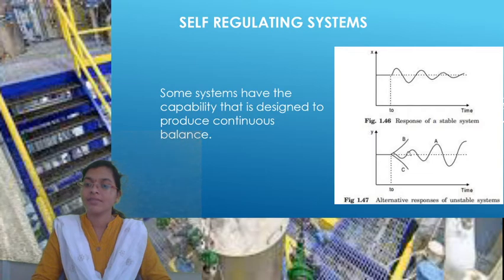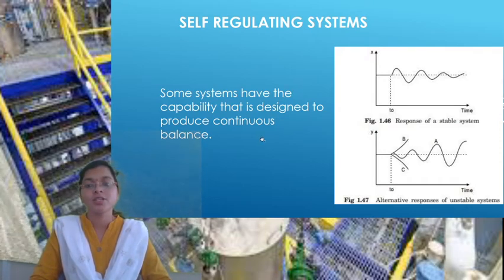No. It increases again, and the deviations keep increasing. So this is an unstable system, not a self-regulatory system. And observe B also: it deviates very much from our desired value, and C is also very much deviated from the desired value. Is it clear? This is about your self-regulatory system.